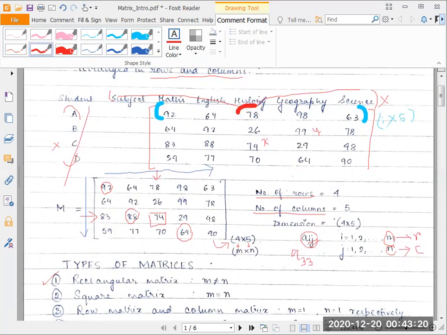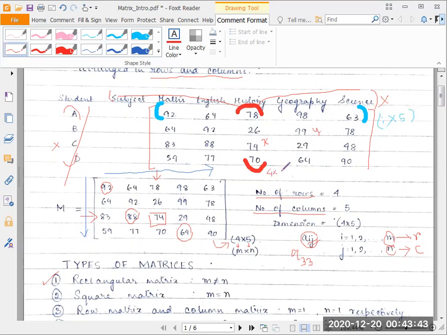Let's say I take this and this. So we have 78, 26, 74 and 70 in the matrix. This, on the other hand, will be a column matrix because it has 1 column and it has 4 rows. So the dimensions of this matrix will be 4 cross 1.